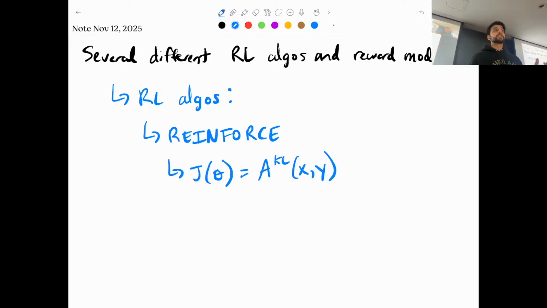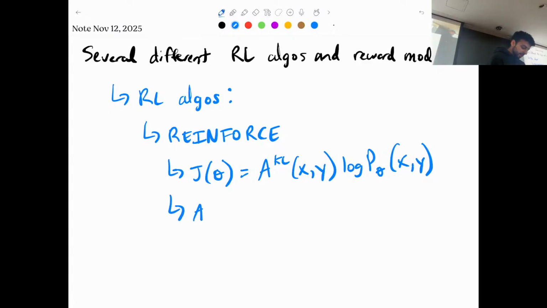Here we didn't talk about a specific baseline that was used, so this could be anything like mean batch statistics or using some sort of trained value function. And we compute the log p x y. So this is what we were doing for the REINFORCE, and all of the other algorithms that we discussed are just variants of this that have clipping behavior or multiple updates per batch and things like that.